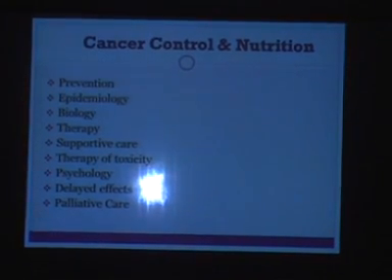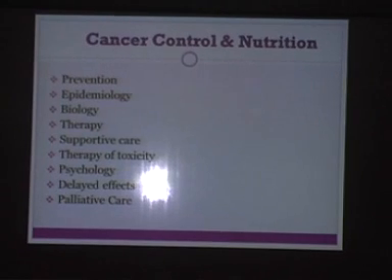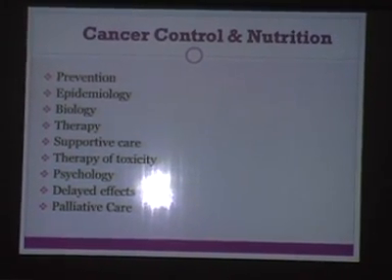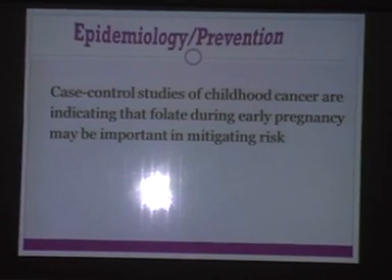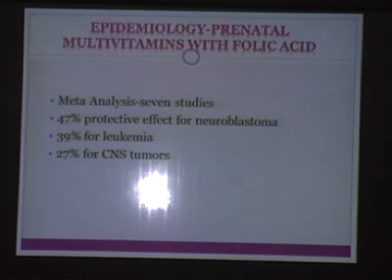Nutrition as a broad spectrum of cancer control, explained from prevention to palliative care. In any of these aspects, nutrition has evolved. First, nutrition and prevention. There are multiple case-controlled studies of childhood cancer indicating that folate during early pregnancy may be an important factor mitigating risk.